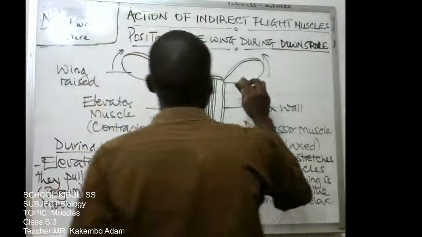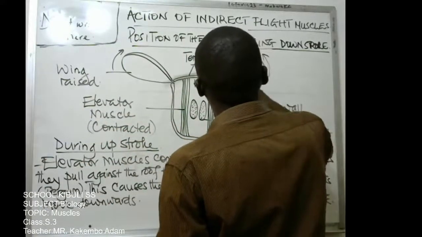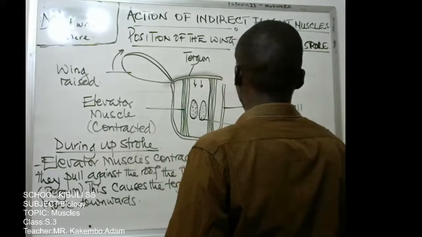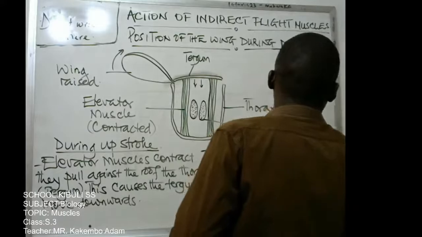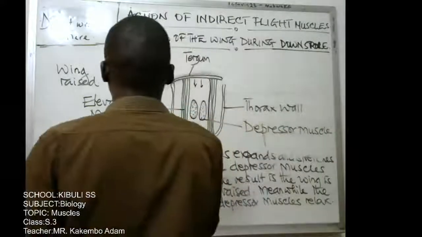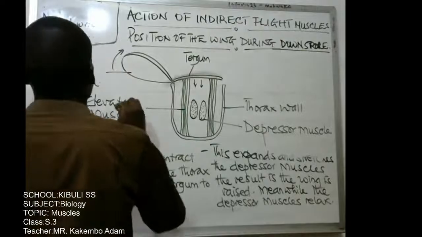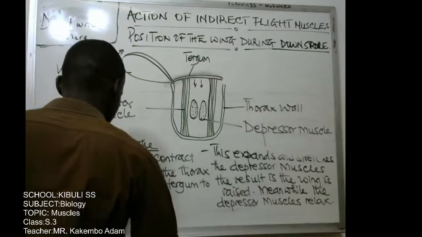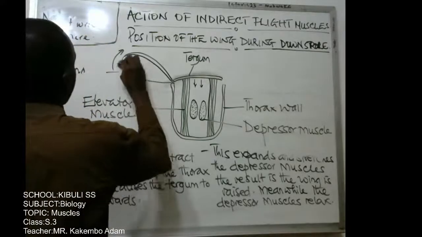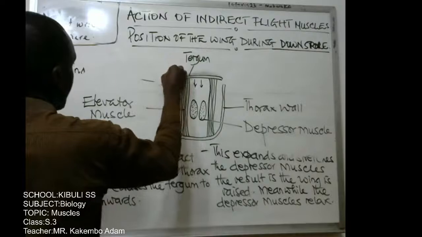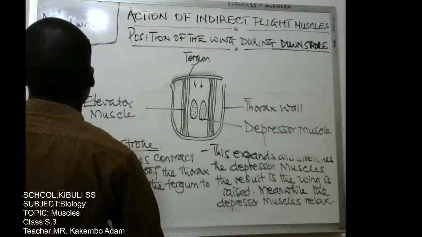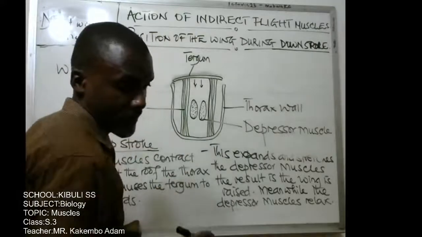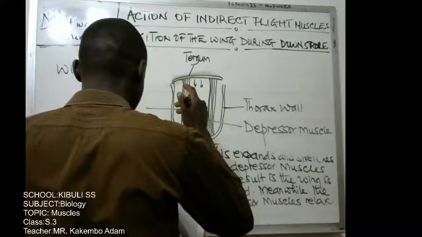So during downstroke, we just change the position of the wing on our drawing. These muscles again change their mode of action. The wing here is now lowered instead of being raised. During downstroke, the wing is lowered.